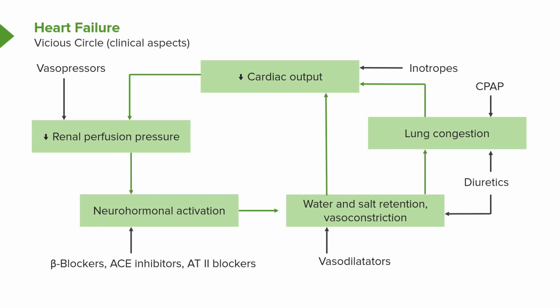All of these things are working in a complete circus motion, like the horse riding around the track in a circus. Around and around, they keep reinforcing each other, and unfortunately, in heart failure, lead to marked retention of water and salt that leads to the various symptoms that the heart failure patient has.